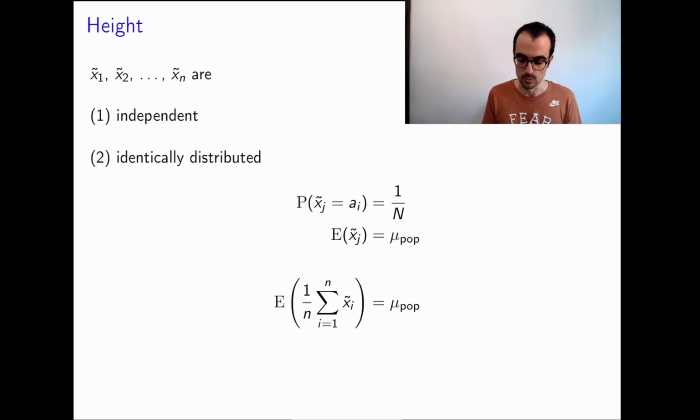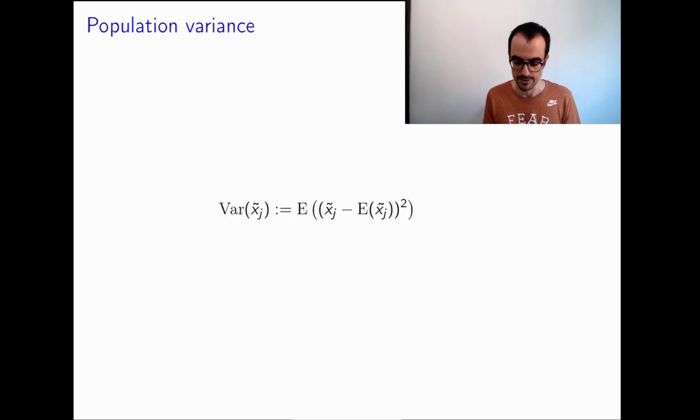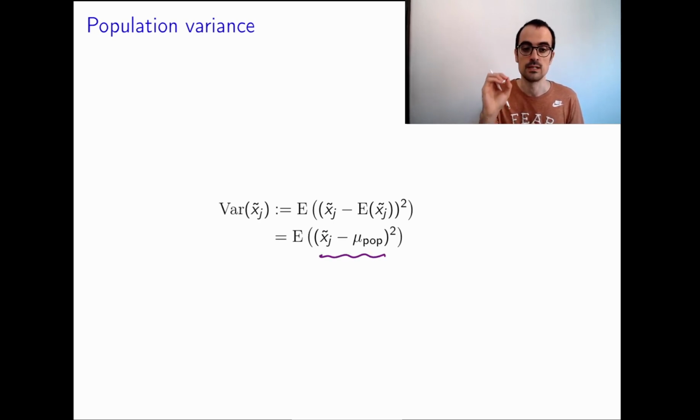So we have to check that the variance of this height is actually finite. So what is the variance equal to? Let's compute it, the population variance. It's equal to the expected value of these random variables minus their mean. We've seen already that their mean is the population mean. So essentially what do we need to do? We need to see all the possible values of this random variable, the square of the heights of the people we select minus the population mean, squared.